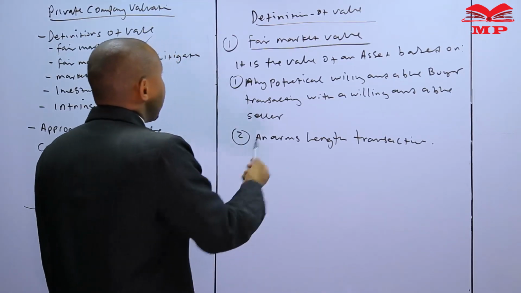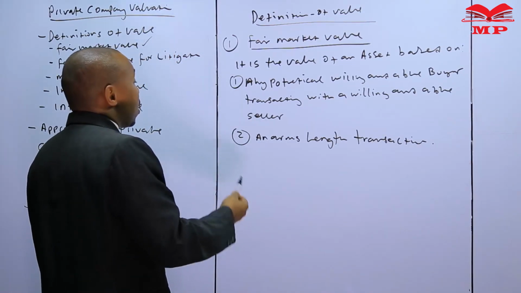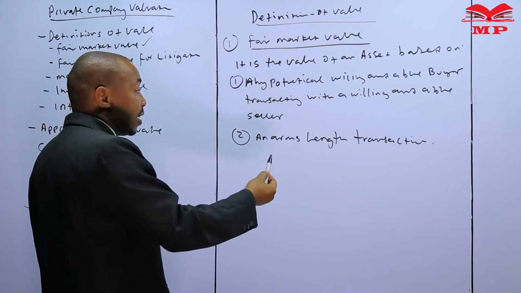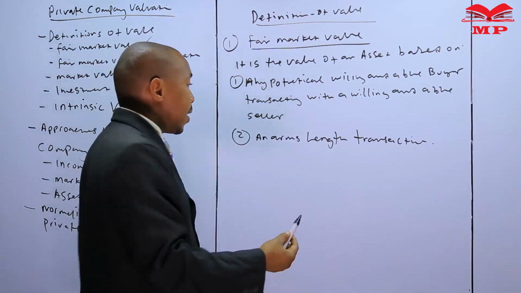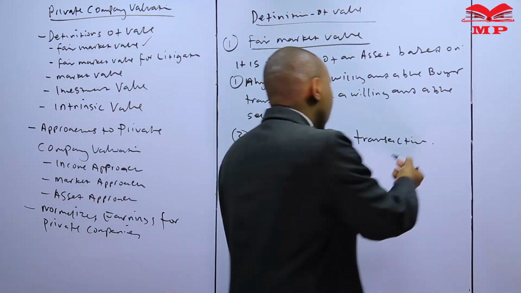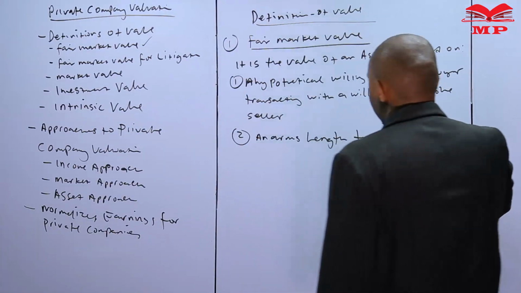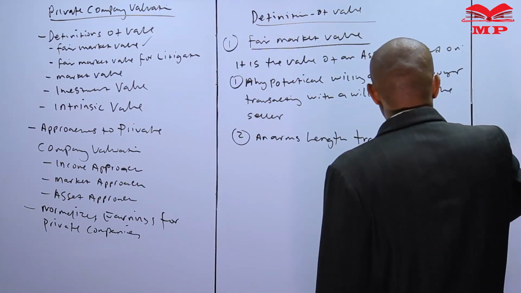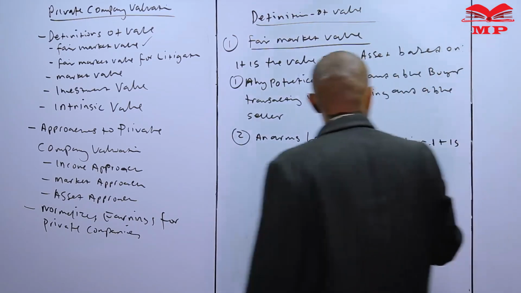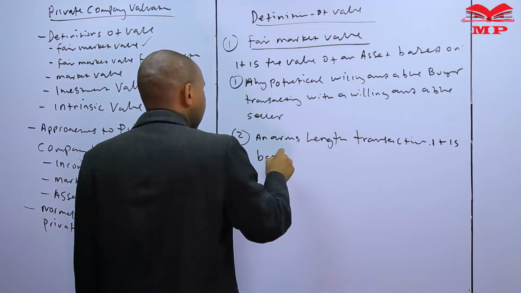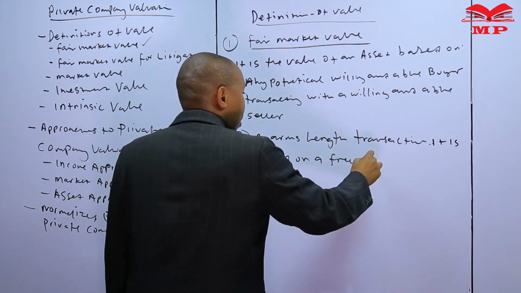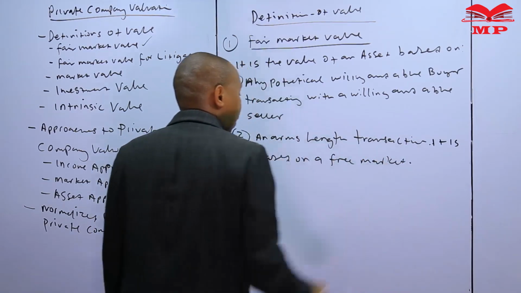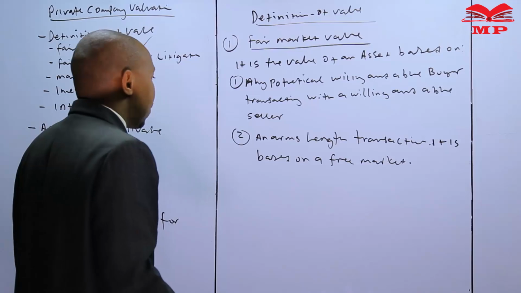What we mean by an arm's length transaction is that it is based on the free will of the buyer and the seller. You can add here under arm's length transaction that it is based on a free market.